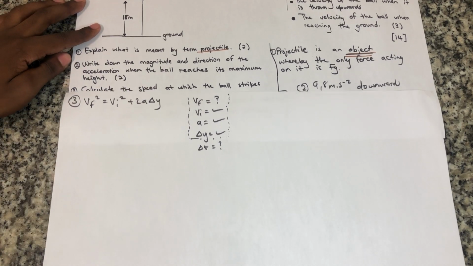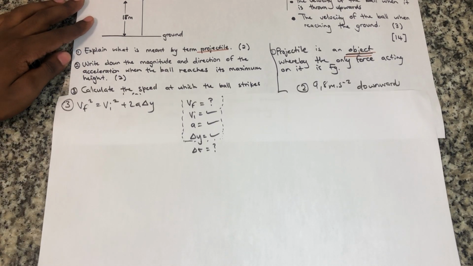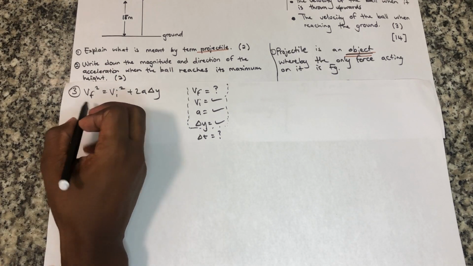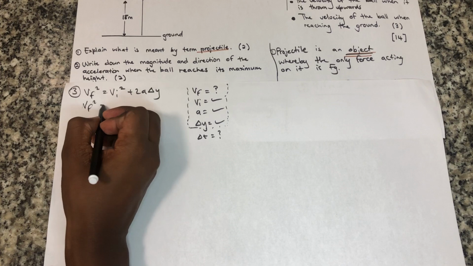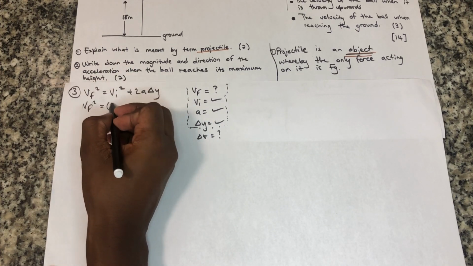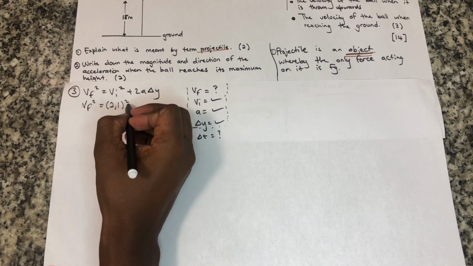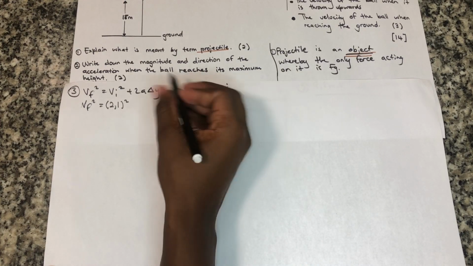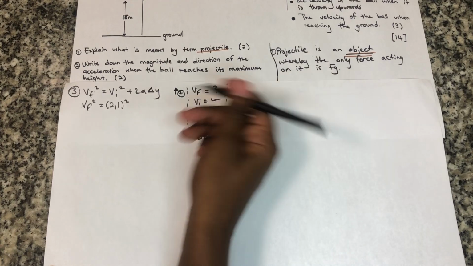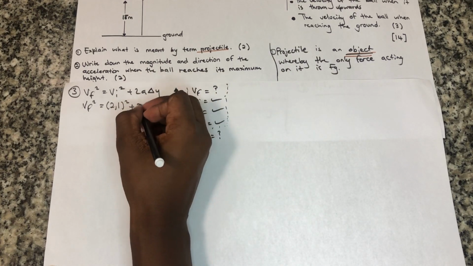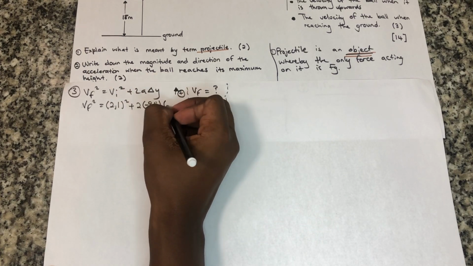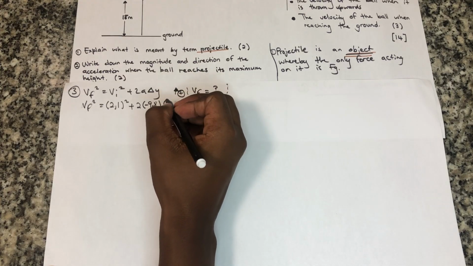Okay, let's calculate now the final velocity, or the speed of the ball which strikes the ground. VF squared is equal to the initial velocity, 2,1 squared, plus 2 times negative 9,8 times change in y. Let's choose upwards as positive in each and every instance. The change in y is negative 18, because we are starting from the top and going downwards the height of the building.